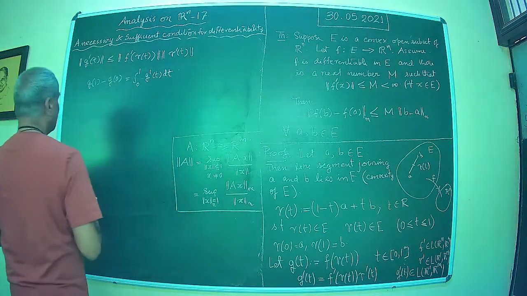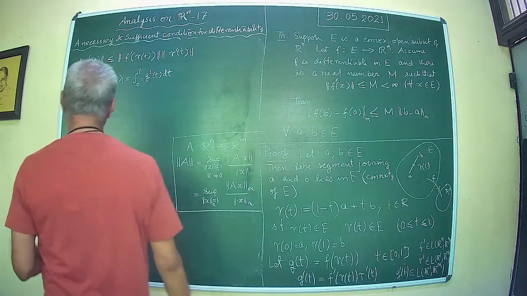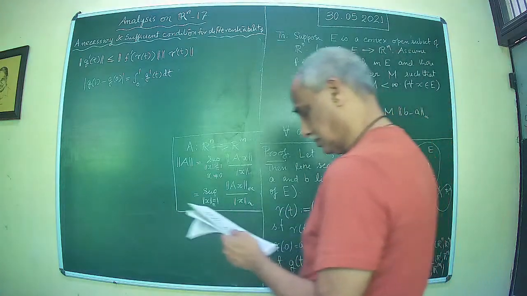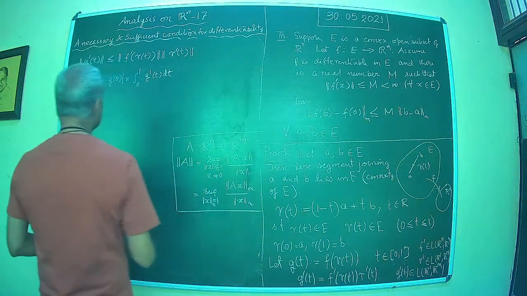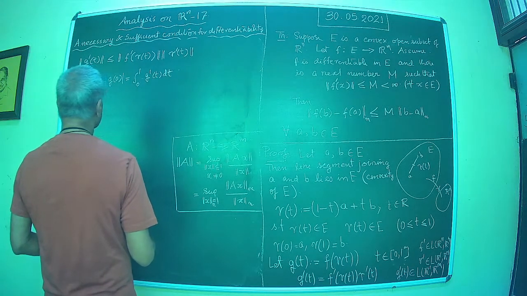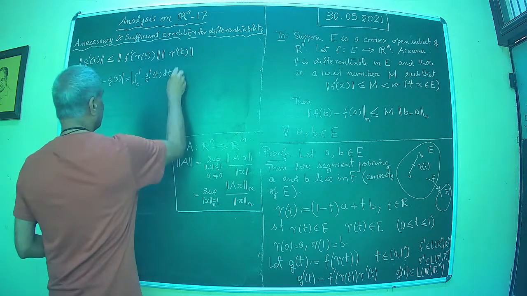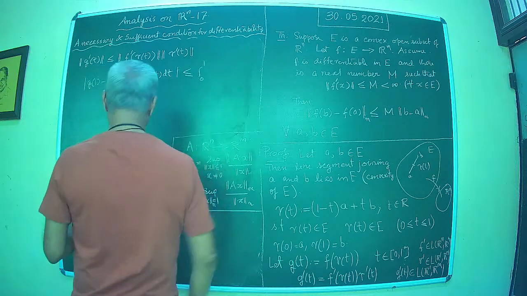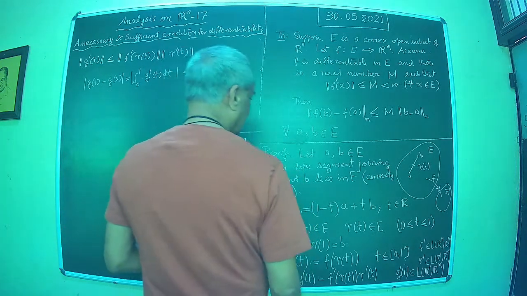Now you see that g1 minus g0 is less than or equal to the integral from 0 to 1 of, what is it?